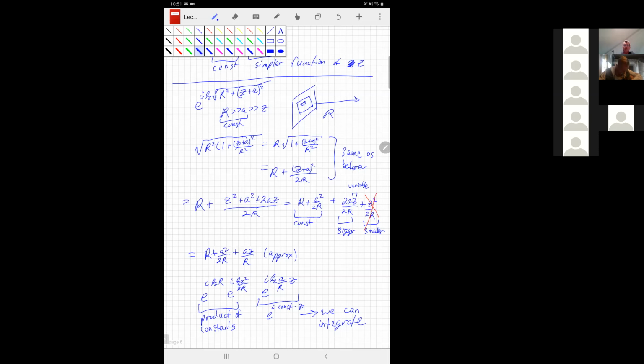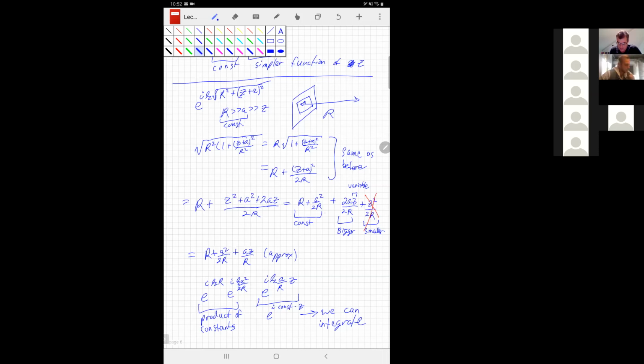These are variables. These are the thing that we might want to integrate over. All right. We're going to integrate over z, which is an oscillating function of z. So we can't just get rid of z. It's a variable. It's the thing whose effects we need to look at. But we can say this whole exponent, everything that's changing in the exponent, is dominated by the 2az term.